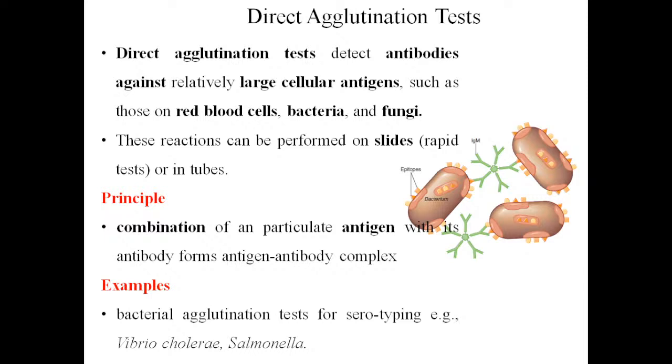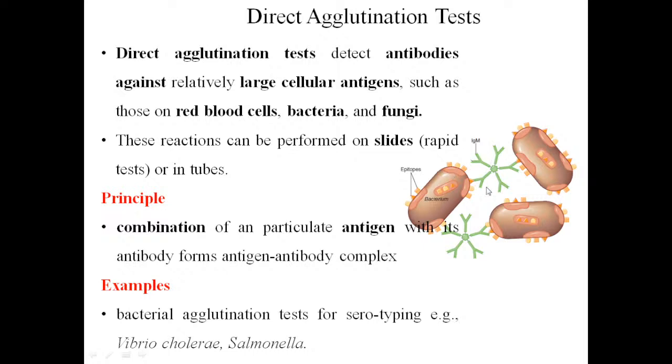In the principle of direct agglutination test, we talk about combination of a particular antigen with its antibody forming antigen-antibody complex. Look at this diagram. It is particulate antigen, bacterial cell.